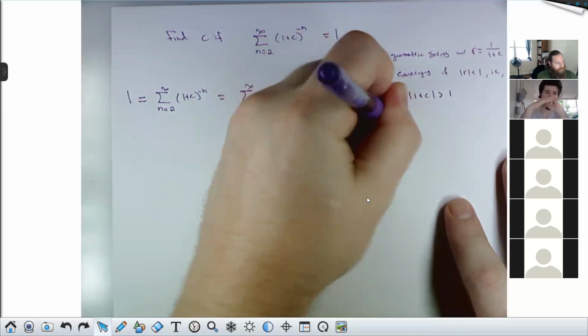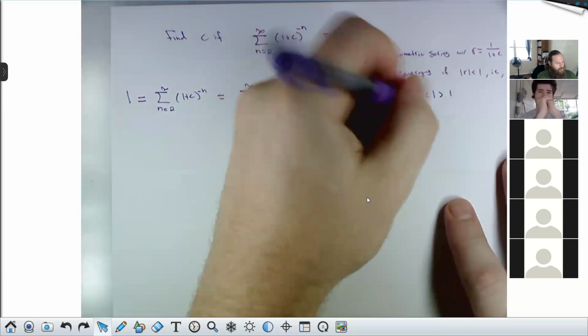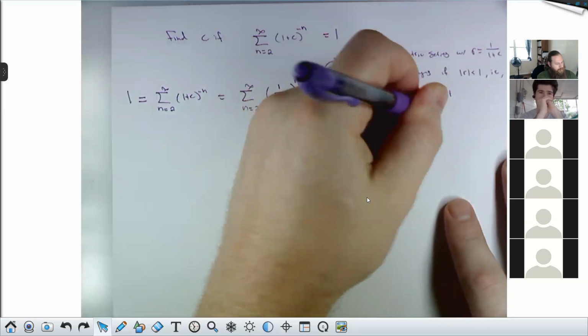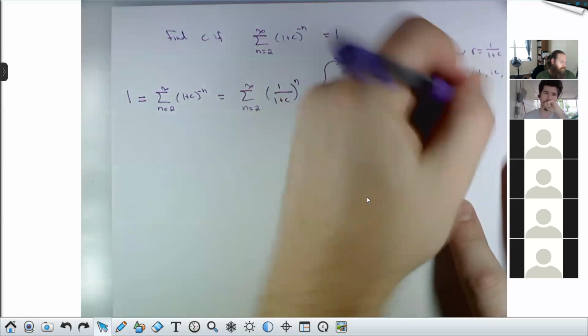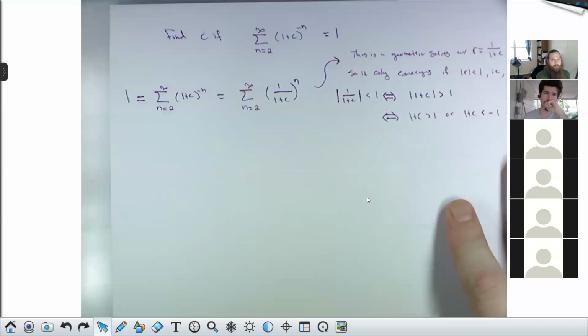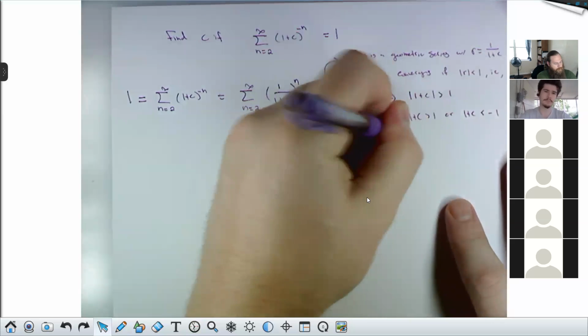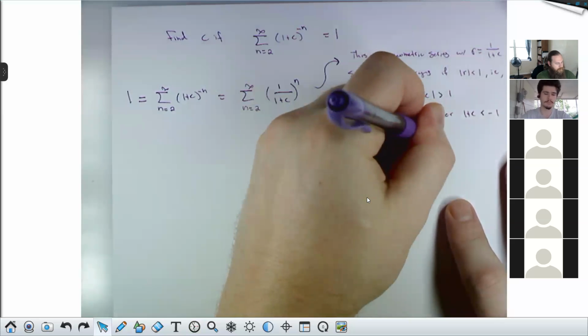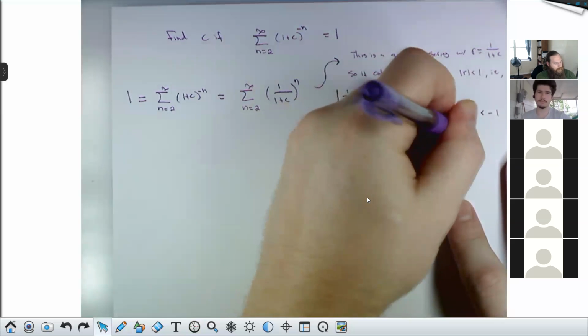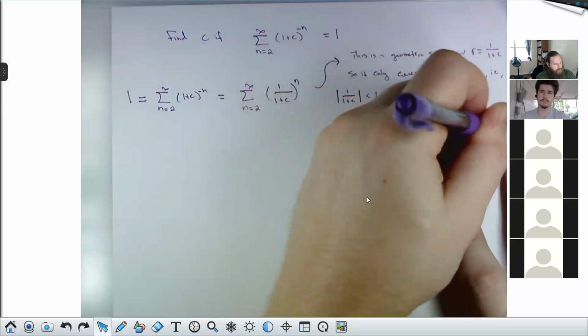Then we can say this is equivalent to saying 1 plus c is bigger than 1, or 1 plus c is more negative than -1. If you clean each of those inequalities up, you get c is greater than 0, or c is less than -2.